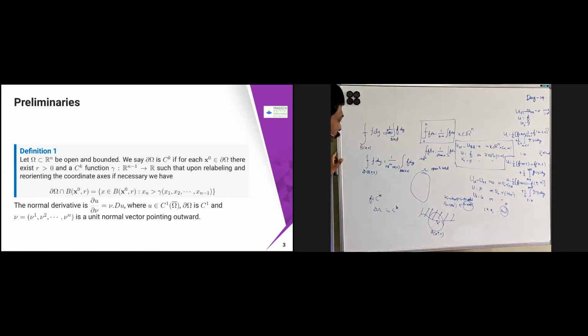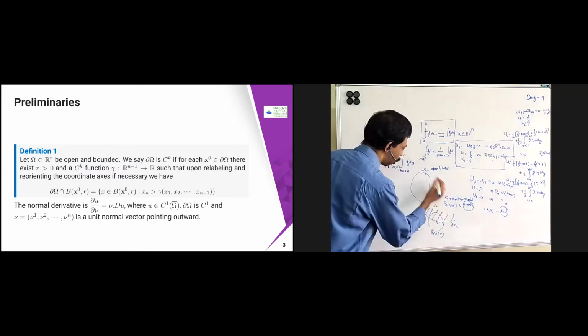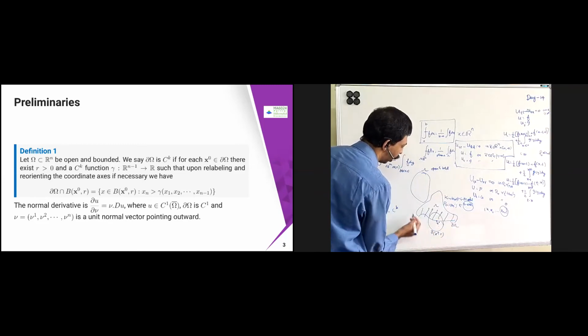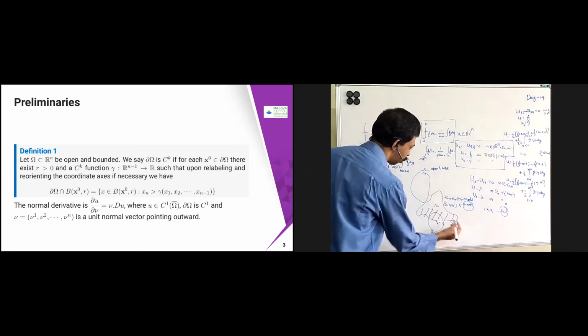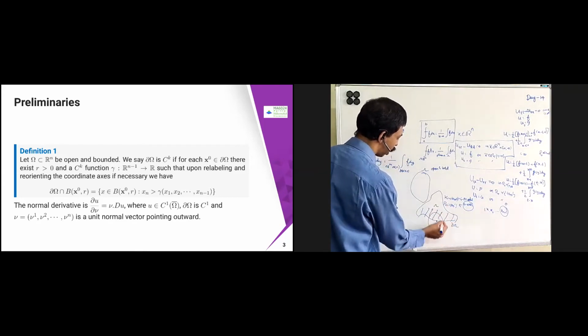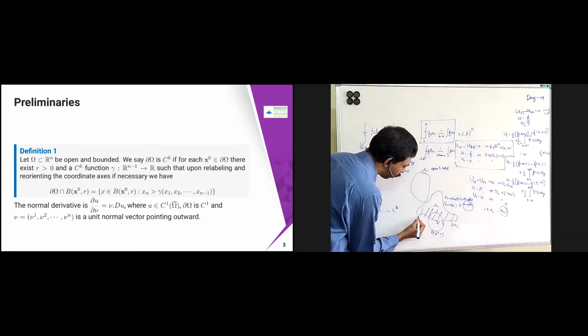This is going to be my omega, and the boundary of omega is going to be this one. In this boundary of omega, I'm taking an intersection with the ball B of x naught comma r. So now what we can do is consider this boundary of omega.